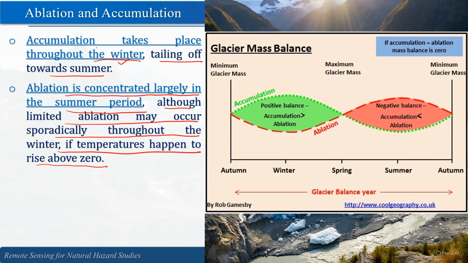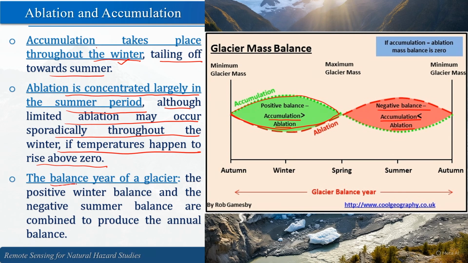Here you can see the positive mass balance, when accumulation is greater than ablation. When we talk about this side, the negative mass balance, accumulation is less than ablation. In the balance year of a glacier, the positive winter balance and the negative summer balance are combined to produce the annual balance.